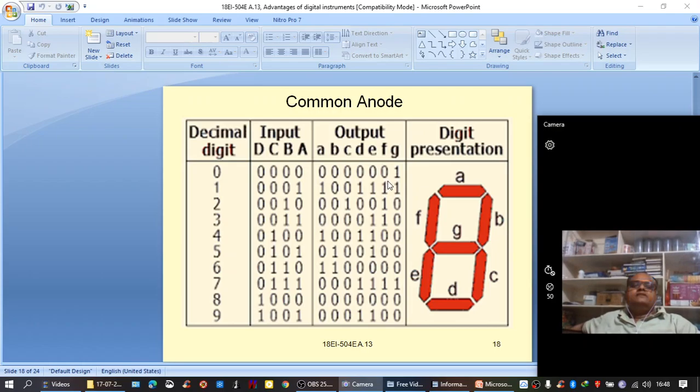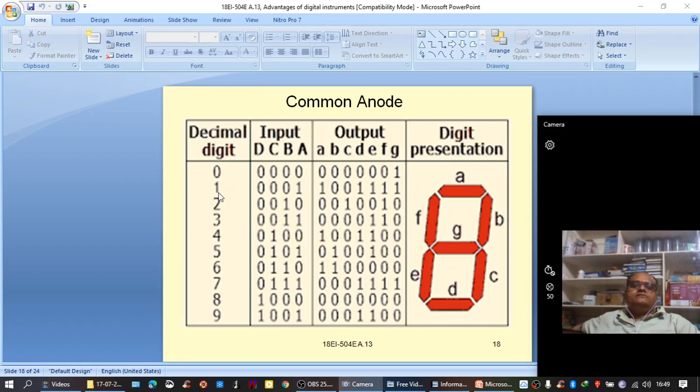So all the bits are zeros from A to F. And G is connected high. When G is connected high, the cathode as well as anode of that G diode are at the same potential. So the LED corresponding to the position G will not glow. When G does not glow, with the remaining segments glowing, it indicates 0.